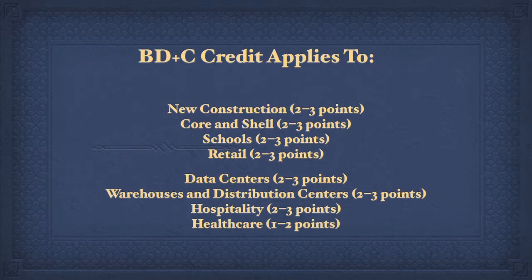Rainwater management is a new credit in LEED version 4. However, it has its roots in LEED v3. The stormwater quality and quantity management credits from LEED v3 have been combined into a single rainwater management credit for LEED v4.